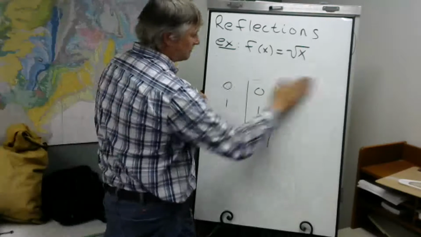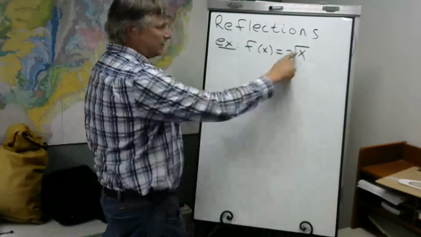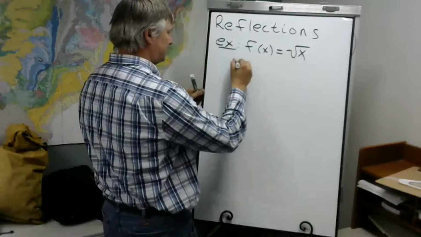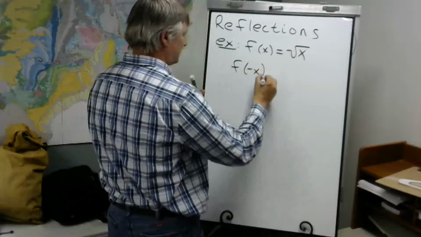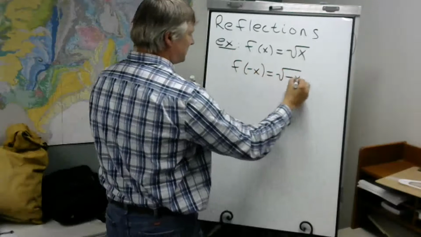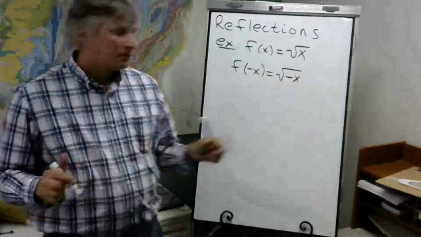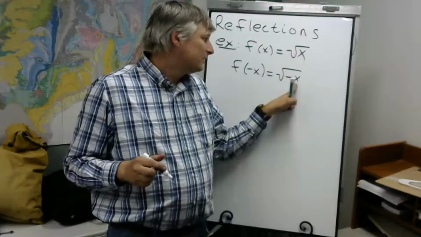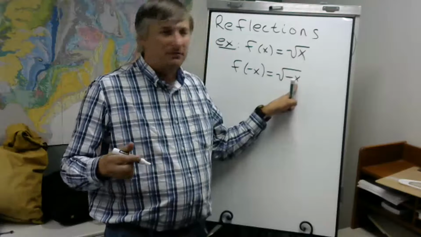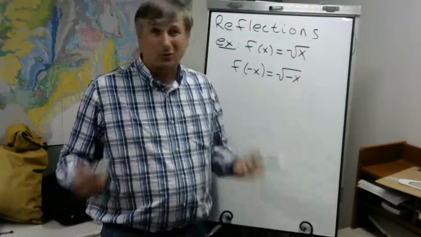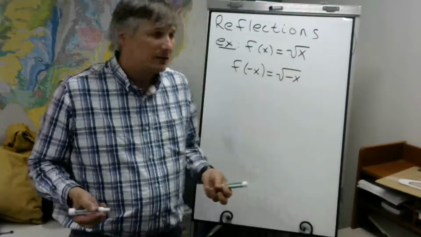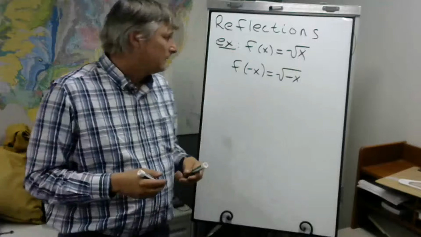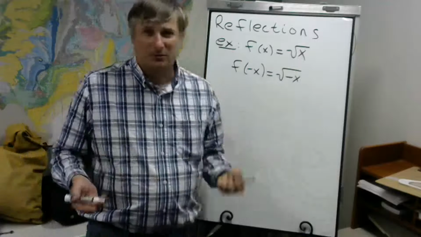So for this function, if we put a minus on the x, because f of negative x is square root of negative x. If we put positive numbers in here, we're going to get the square root of a negative sign attached to a positive. That's the square root of a negative number. And since we're keeping this to just real numbers, that means we can't get square roots of negative numbers.